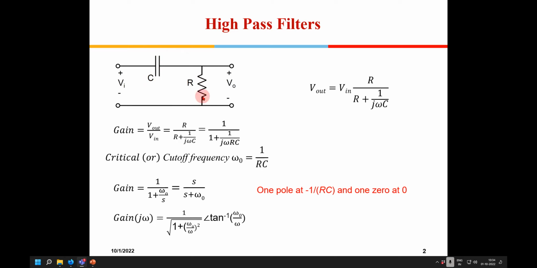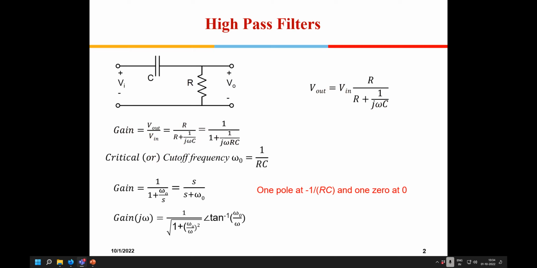So if I try to write the output voltage with respect to the input voltage, it is like a potential divider. R divided by R plus 1 by j omega C, which is the impedance offered by the capacitance, right? So now if I try to find out the gain, I bring the Vin out here.